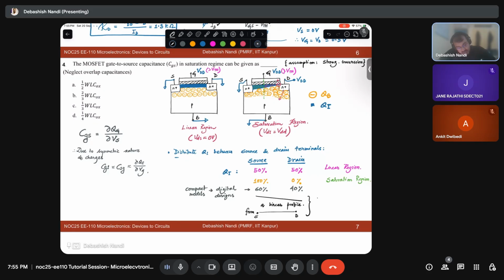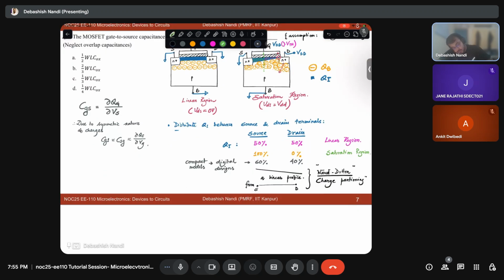This particular thing is called Ward-Dutton charge partitioning. Mostly used in compact models of analog designs.